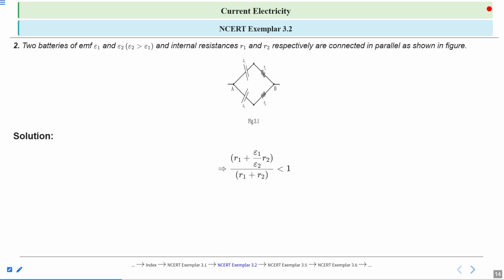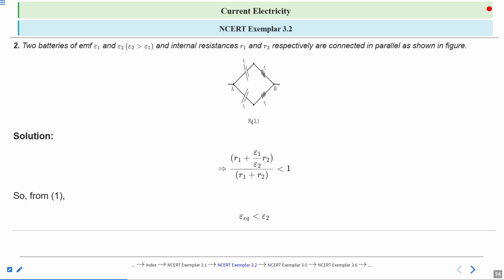So from equation 1, E equivalent will be less than E2. So the equivalent EMF will be less than the EMF of the second cell. This thing we have derived.